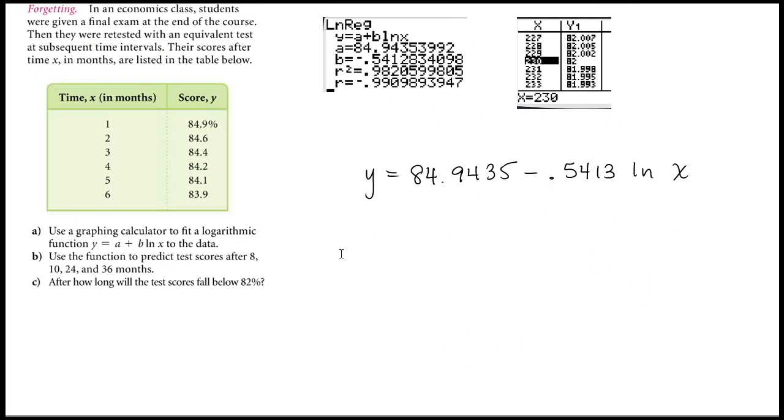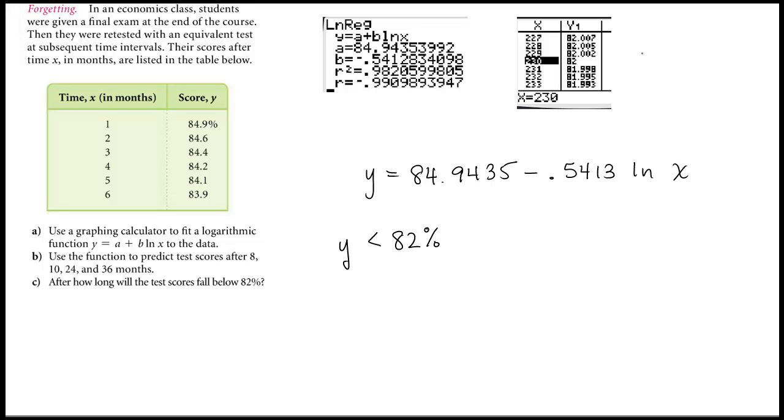Now in part C, it says after how long will the test scores fall below 82%? Now remember that 82% is represented by y, and we have the equation 84.9435 minus 0.5413 natural log of x. So we're looking for when y is going to be less than 82%. Now take a look at the chart in the upper right hand corner.